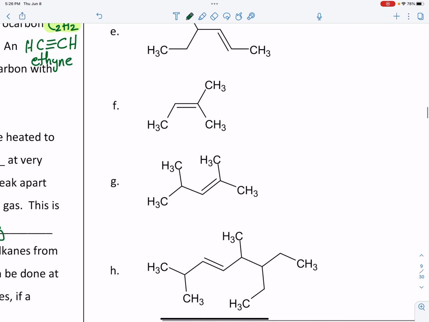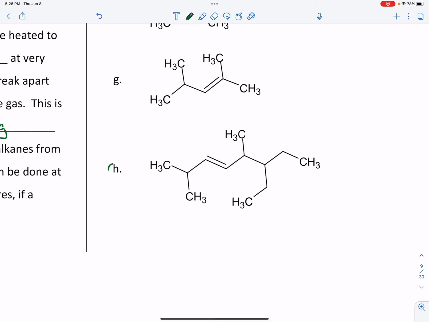I'm going to let you do a few on your own, but let's do part H together. We'll finish with this one in this question. We start with the parent chain, the longest chain, 1, 2, 3, 4, 5, 6, 7, 8. That's one way to do it. It's possible, theoretically, that the double bond or even the triple bond could be in a branch, that the parent chain is not where the double or triple bond is.